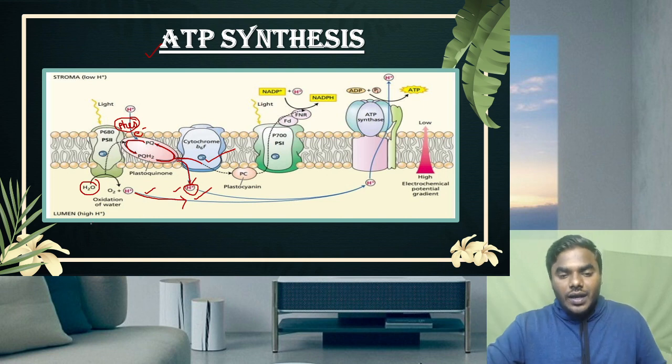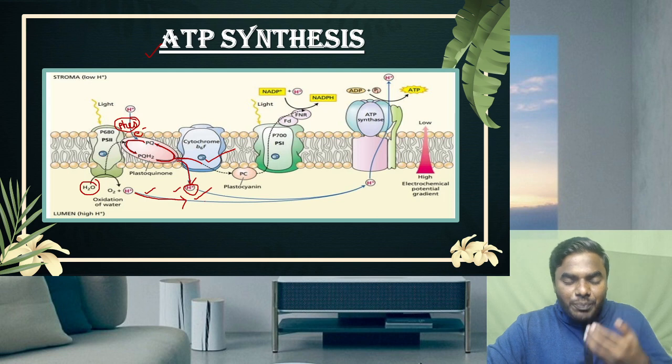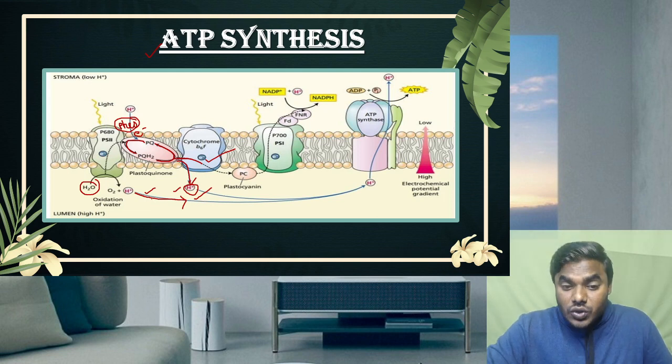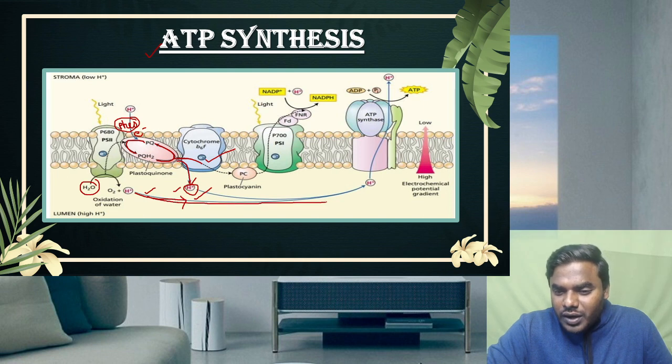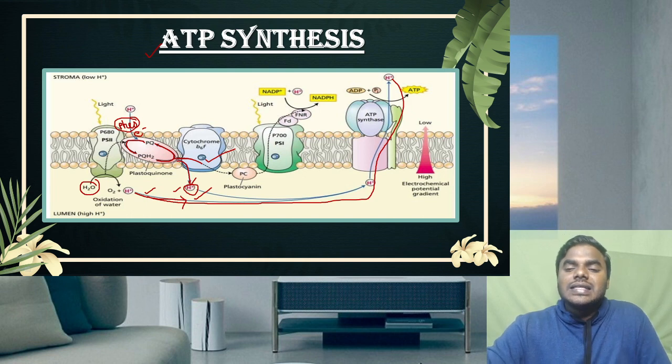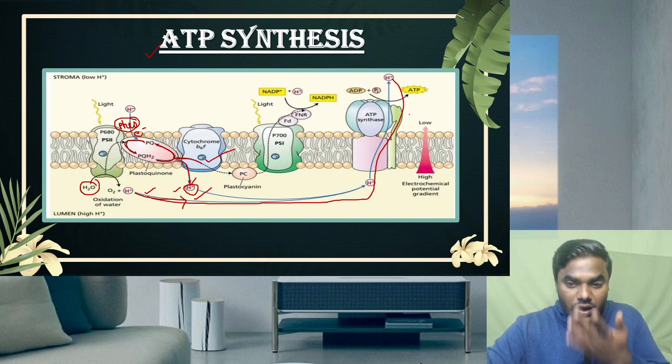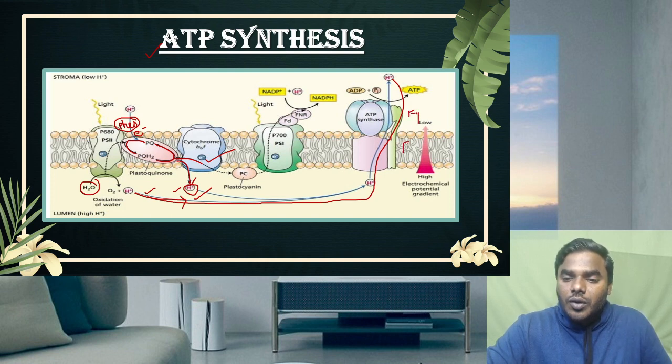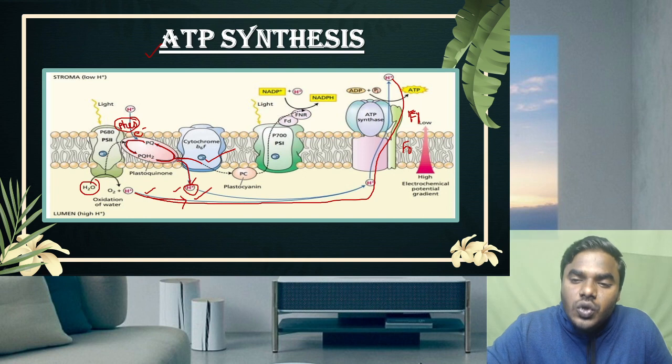When the proton concentration is higher compared to the stroma, the protons start moving from the lumen to the stroma via an enzyme complex. What do we call that enzyme complex? We call it the F0 F1 complex. The F0 F1 complex is also called what?